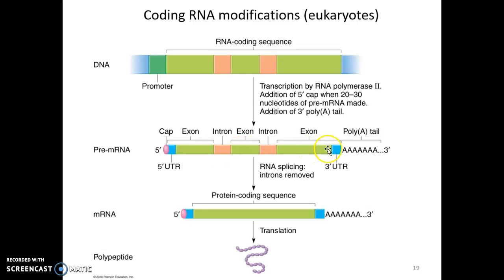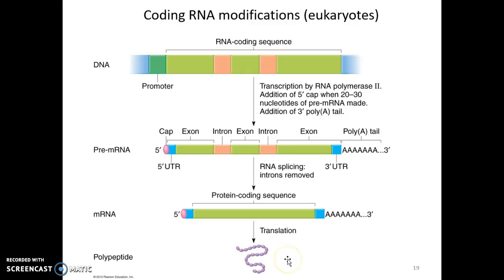Finally, the last thing to come out of the transcription bubble is the 3' end, which gives us the opportunity of polyadenylating that end, which is to add multiple adenines in a row, a unique feature of eukaryotic messenger RNA. When you do all of these modifications, you're left with a shorter messenger RNA transcript that is ready to go to the ribosomes and be translated.